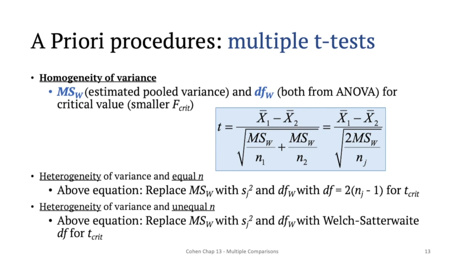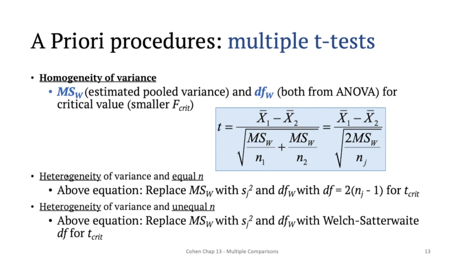All right, so the first procedure that we're going to talk about is multiple t-tests. That is literally what it is. You just do multiple t-tests and compare all the comparisons you planned on doing or want to explore. When you have homogeneity of variance, you can use this equation: the MSW straight from the ANOVA output and the means for the groups that you're comparing.